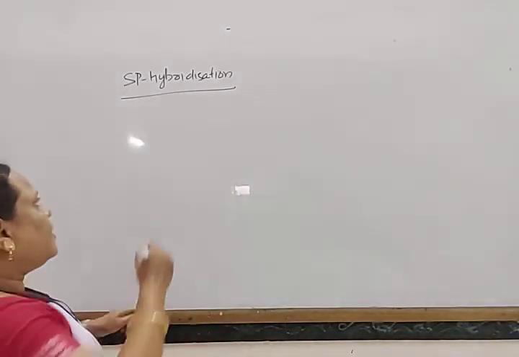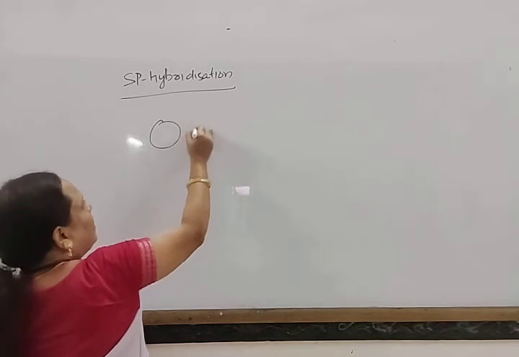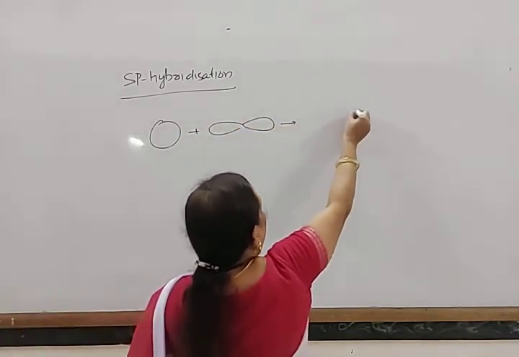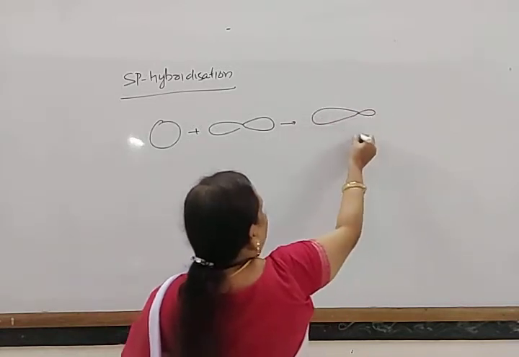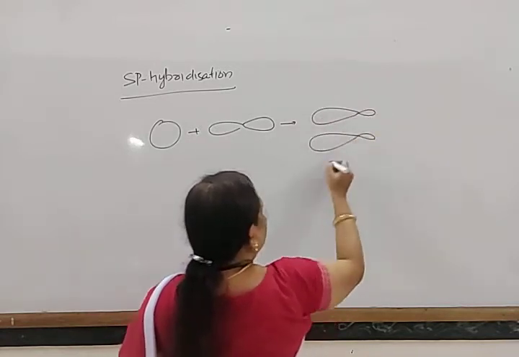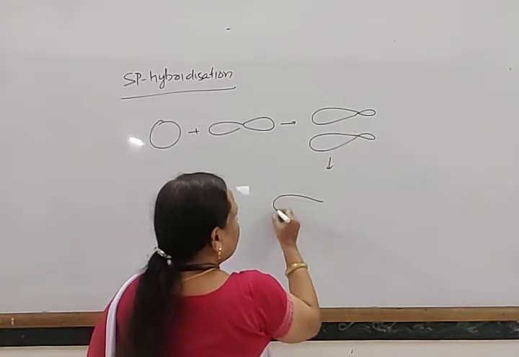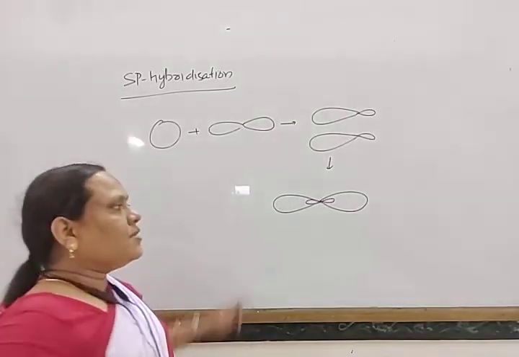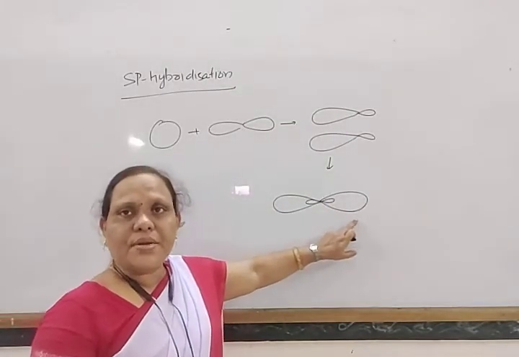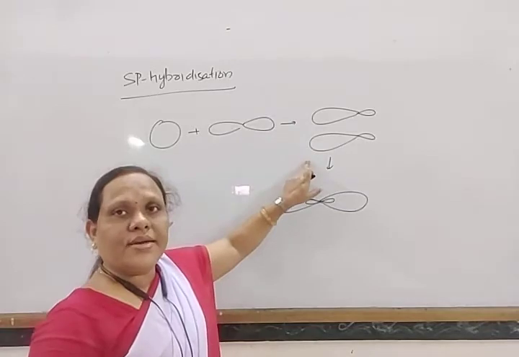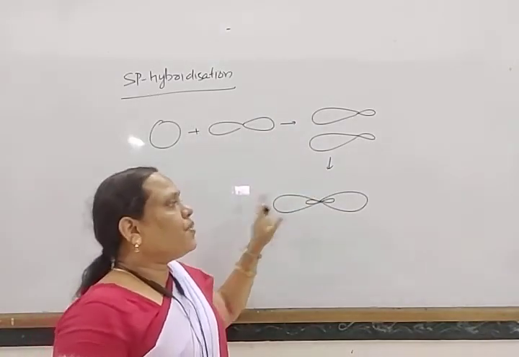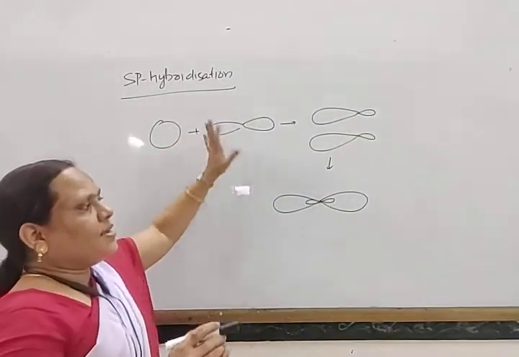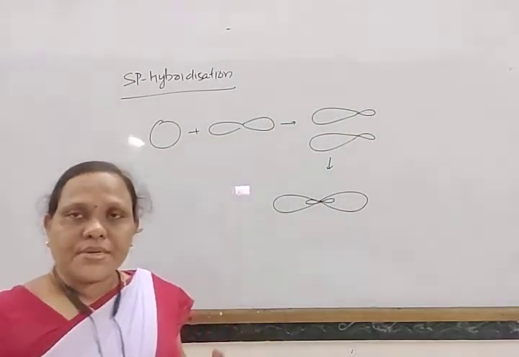One s orbital and one p orbital intermix and give two equivalent sp hybrid orbitals, and they arrange themselves like this. This is the orientation of sp hybrid orbitals, the two equivalent sp hybrid orbitals, with a bond angle of 180 degrees. So this is s and p intermixing to give sp hybrid orbitals.